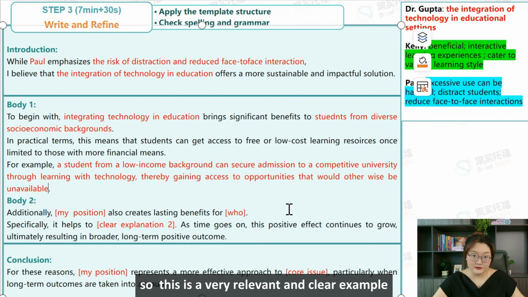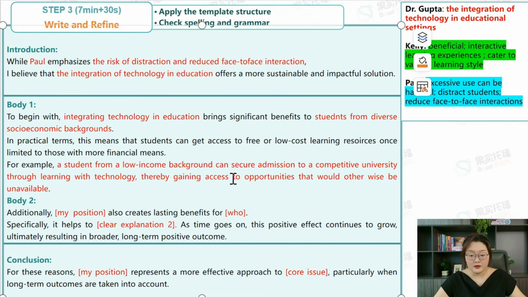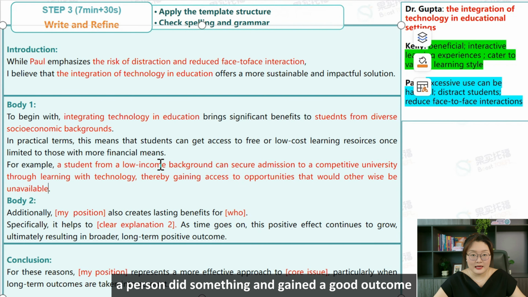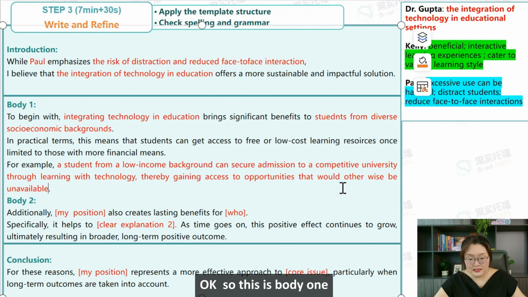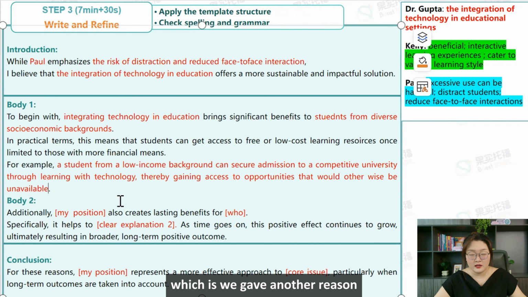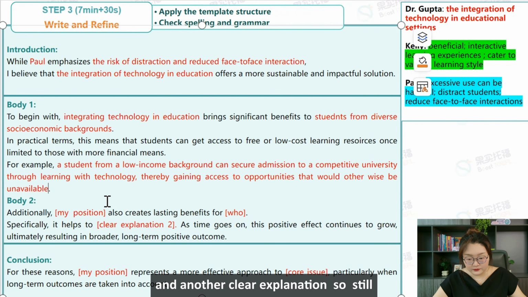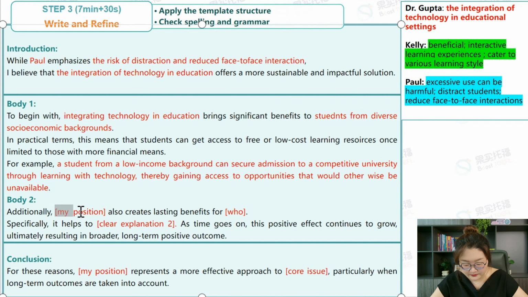So this is a very relevant and clear example. A person did something and gained a good outcome. Okay, so this is body 1, and then we move on to body 2, which is we gave another reason and another clear explanation.